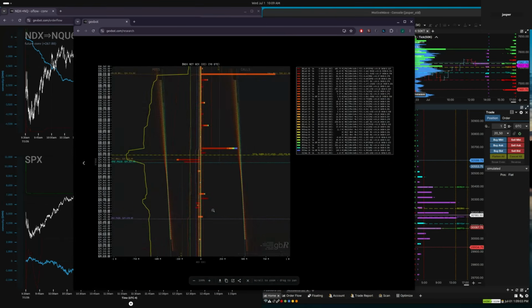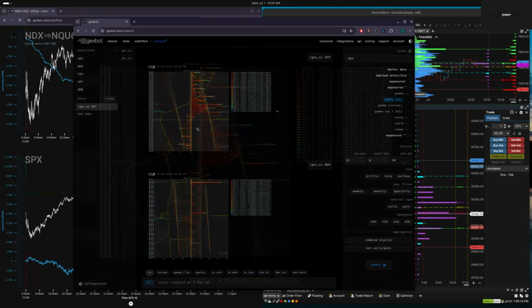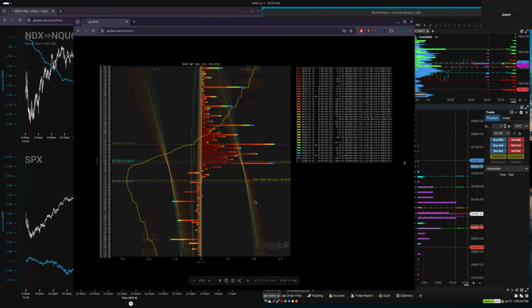And then what I would do is, at this time, I had to manually do the conversion, right? So these are giving me the NDX Gex by OI profile. And I would also check, of course, the SPX Gex by OI profile.